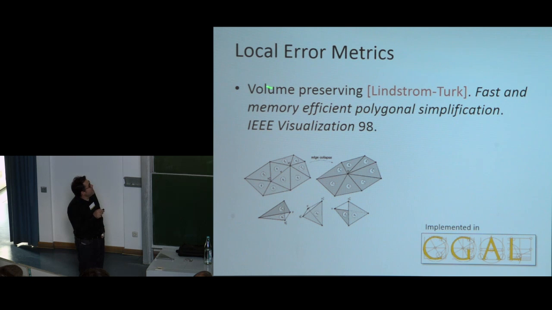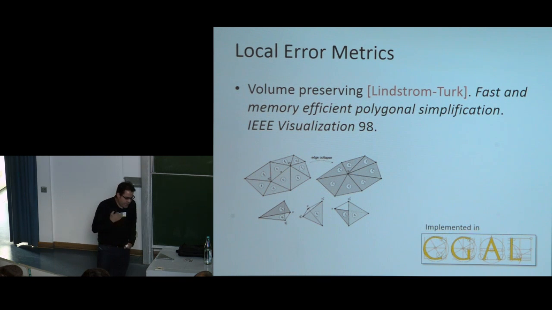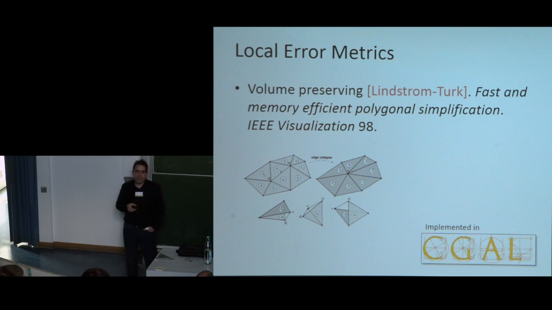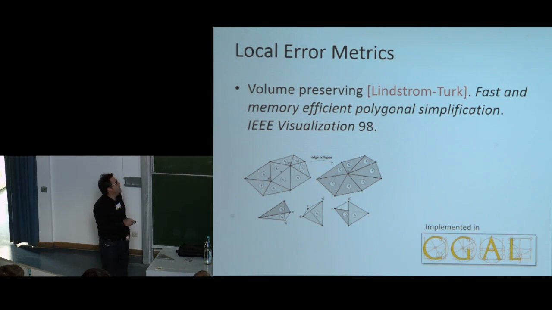So it's volume preserving but memoryless. You just iterate on the mesh. You can have a little bit of drift, but this algorithm performs extremely well. And this is what's implemented in the CGAL library, by the way.